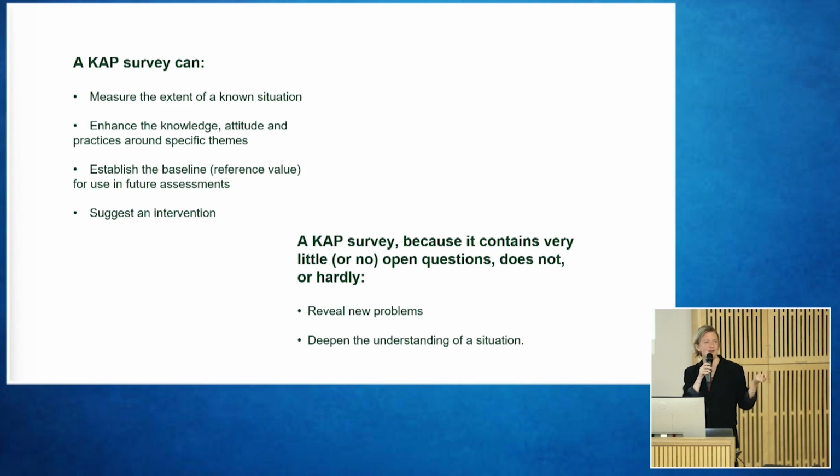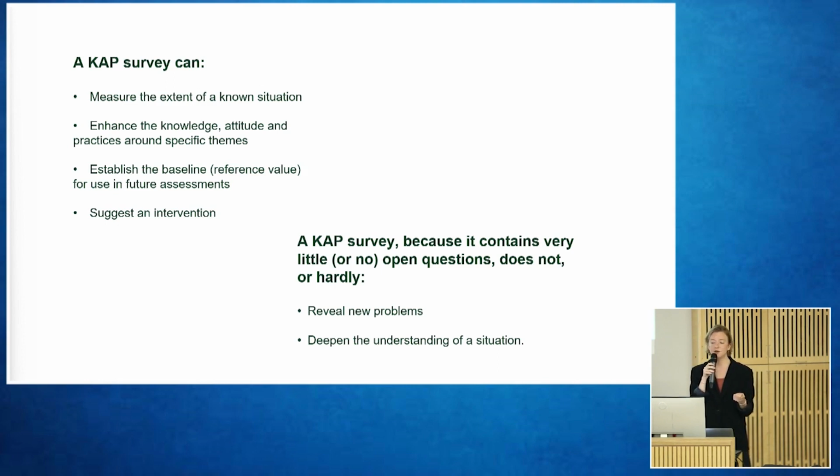Qualitative methods can really reveal something that is unknown. A survey can only measure something that is known, something that you're asking about. A CAP survey can enhance the knowledge, attitudes, and practices around specific themes. It can establish a baseline for future assessments, and it's also good, similar to qualitative methods, it can suggest intervention points.